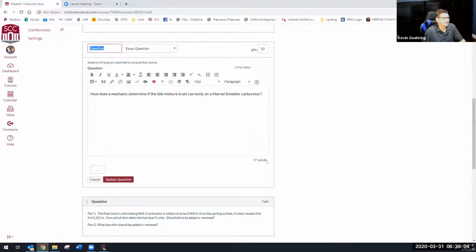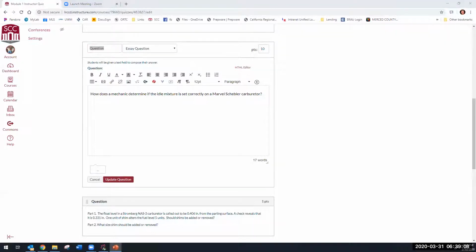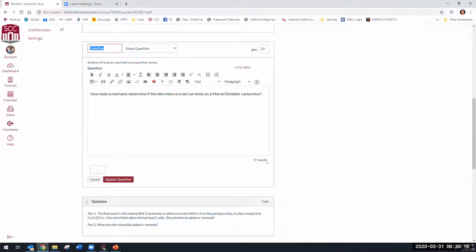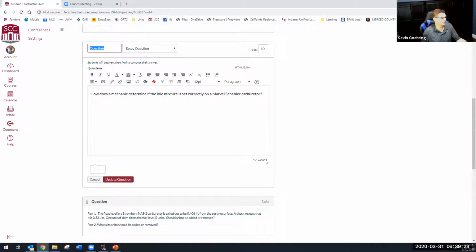Why would I not put that one in there? Because it doesn't have an idle cutoff. There you go. It'd be very difficult. So how do we determine if the idle mixture is set correctly? Do the run idle test.